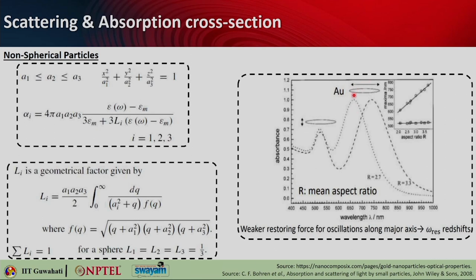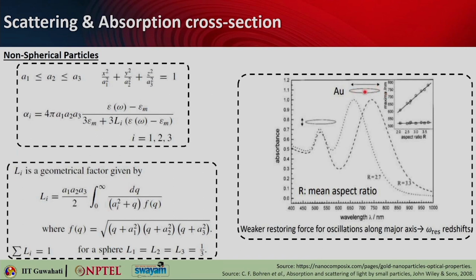You can also have longitudinal excitation or transverse excitation of the electrons on the surface of such nanoparticles depending on their incident electric field polarization. So, the light is falling from the top, it has got a horizontal electric field, like this. So, the electrons will also oscillate along the length of the nanorod.